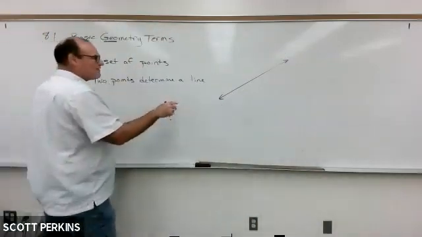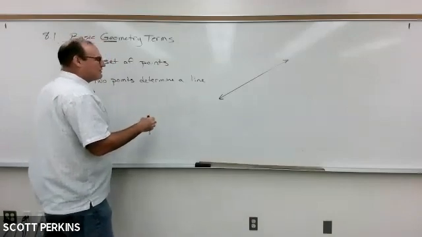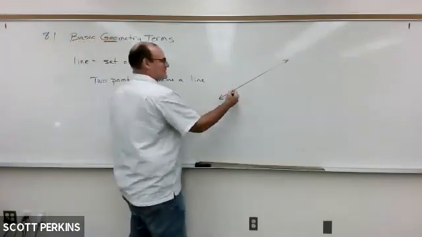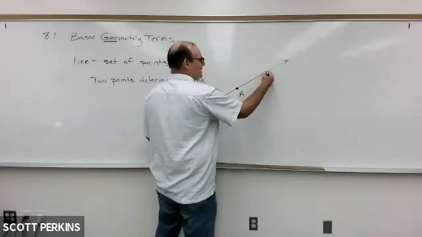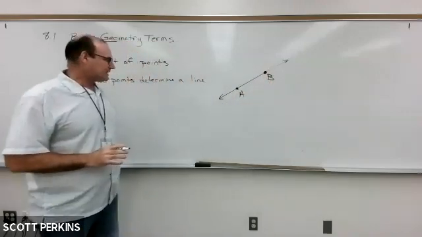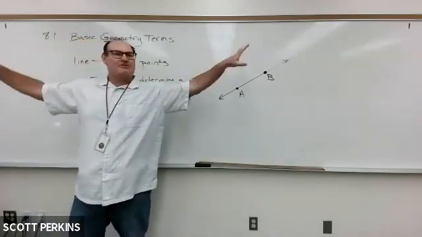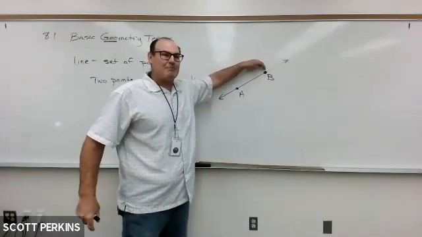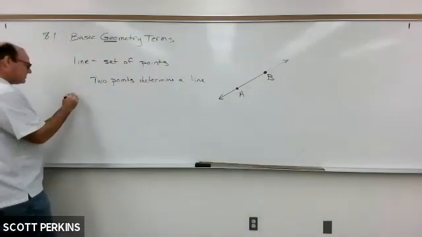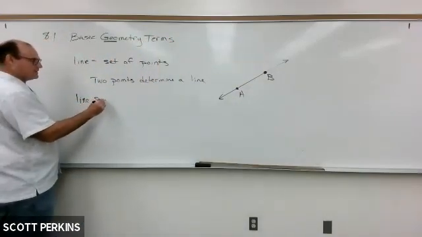So if you have a line and you just take a part of it, for instance, if I have a point right here, I'm going to call that point A, and a point right here, I'm going to call that point B. I'm not interested in all the stuff that goes on forever. I'm just concerned about it starting at A and ending at B. What that is called in geometry is a line segment.